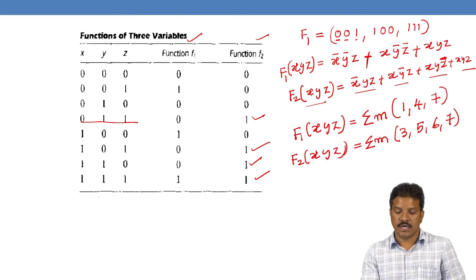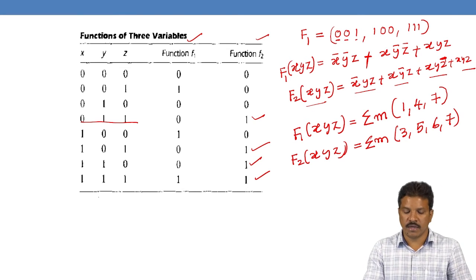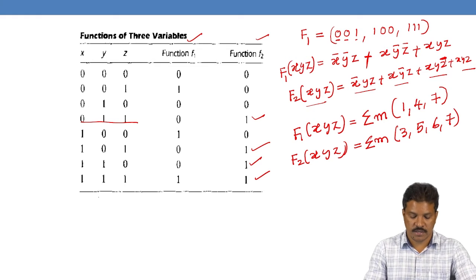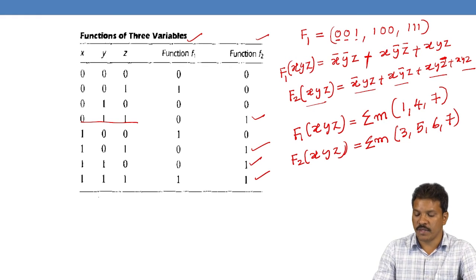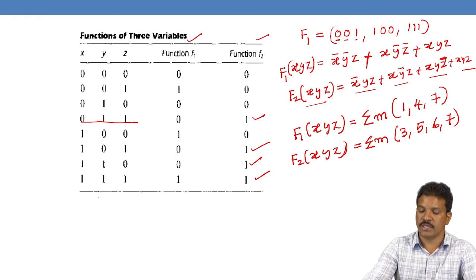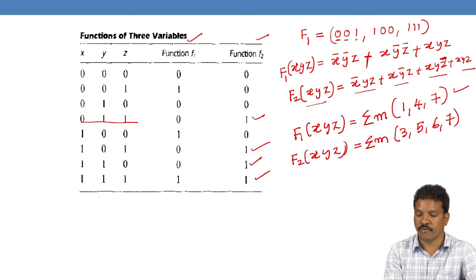So this minterm form can also be represented. The canonical form of the Boolean function can be represented with this mathematical equation, sigma m of 1, 4, 7.